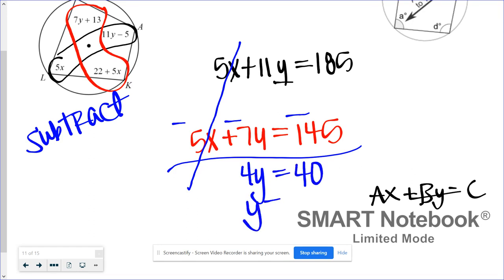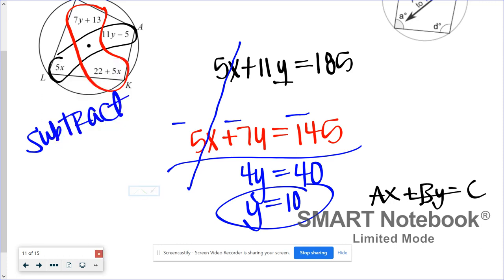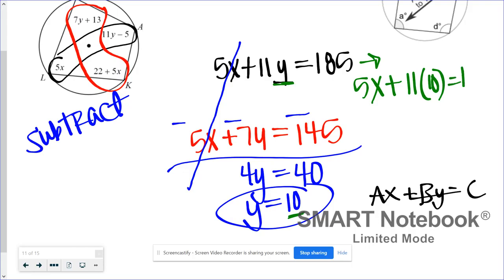So what I know is that y is equal to 10, which means it's now much easier for me to find out what x is. I just have to plug this into one of my equations. So maybe I go back up to this one for no particular reason. I plug in y is 10, and I get 5x plus 11 times 10 is 185.